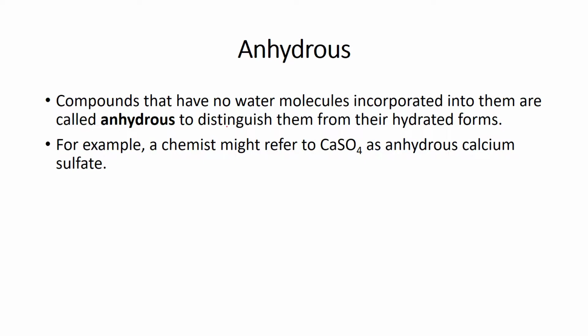Compounds that have no water molecules incorporated into them are called anhydrous, to distinguish them from their hydrated forms. For example, a chemist might refer to CaSO4 as anhydrous calcium sulfate because there is no water present.